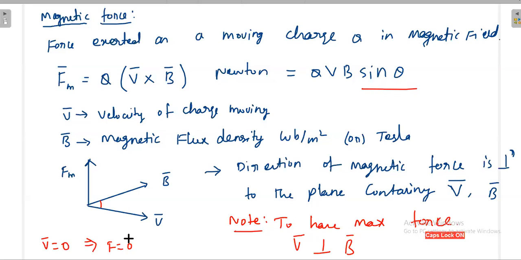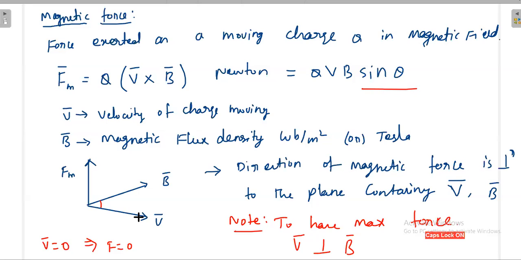If the charge is not moving, then velocity is zero. From the beginning itself we have told what is magnetic field. Magnetic field means movement of the charge. Once you have the movement of the charge, then only you will have some effect from the magnetic field. Once velocity is zero, then also force is equal to zero.